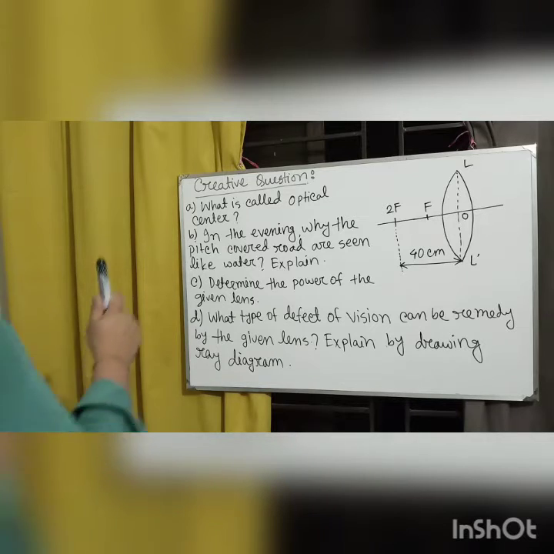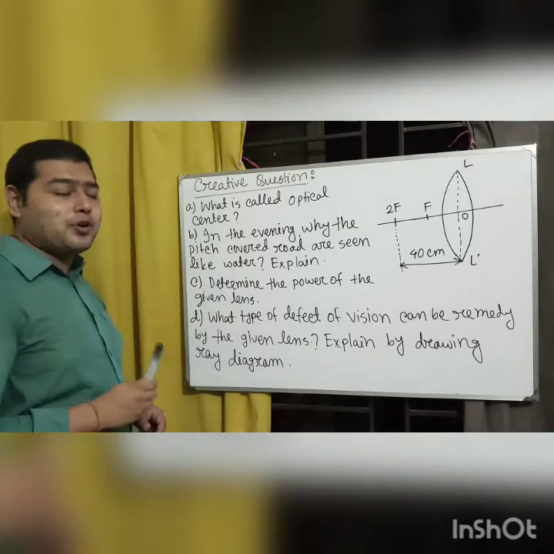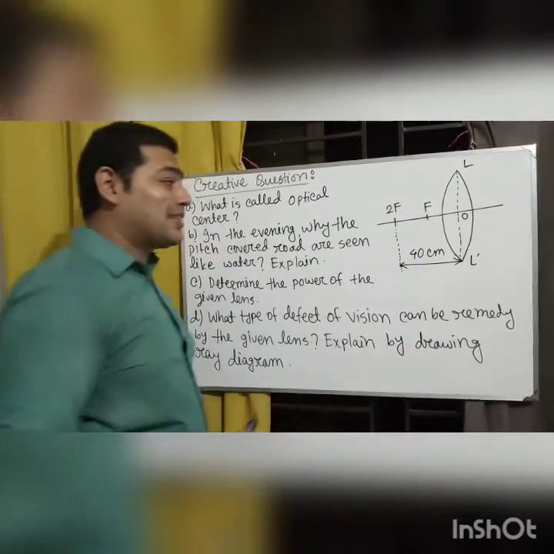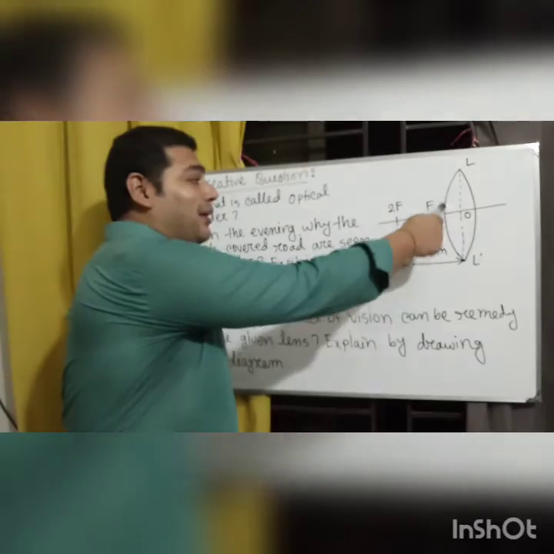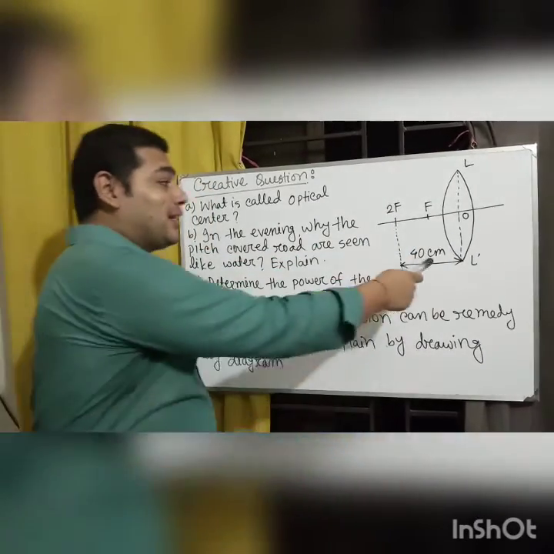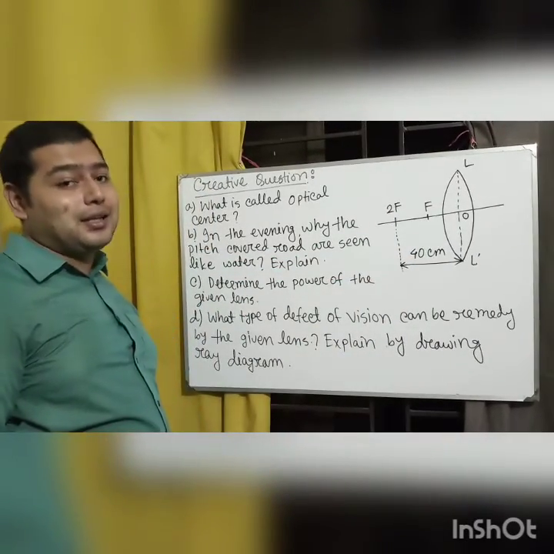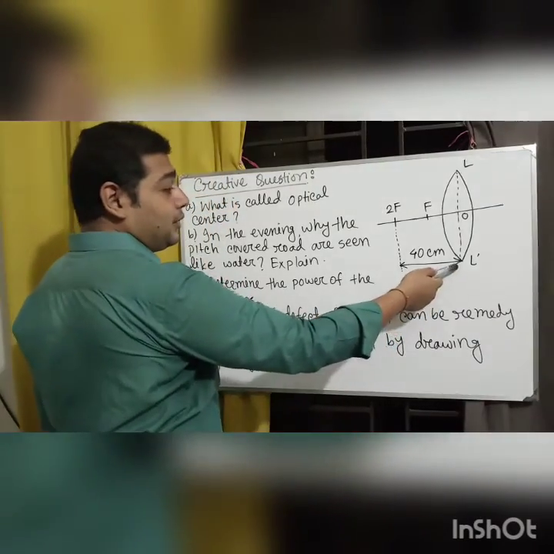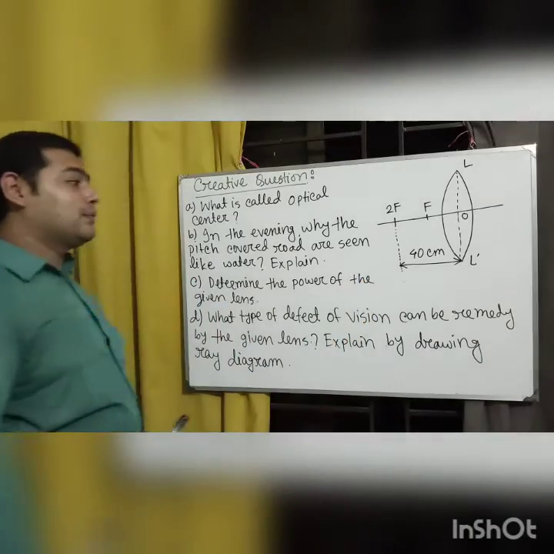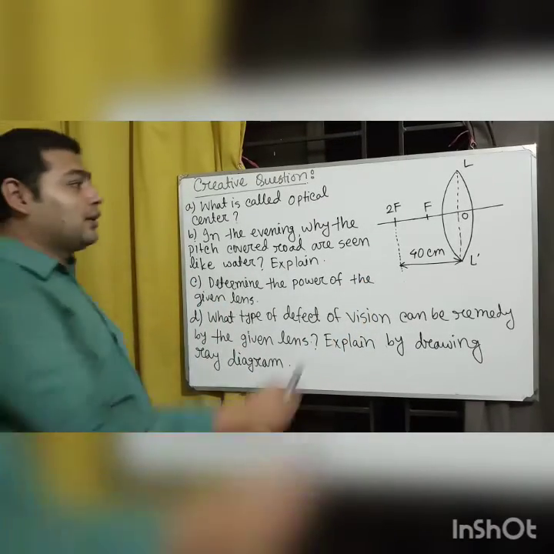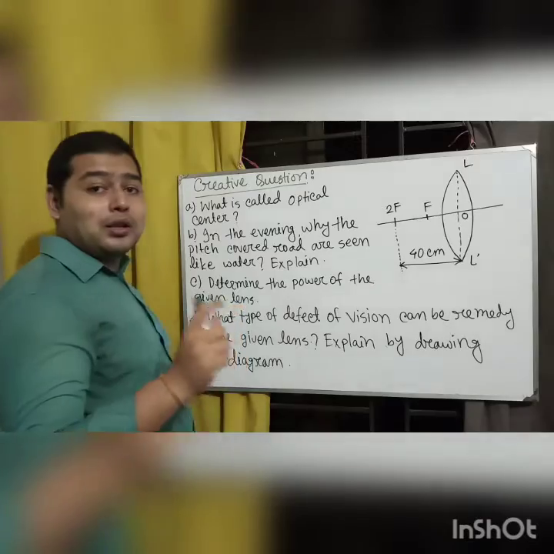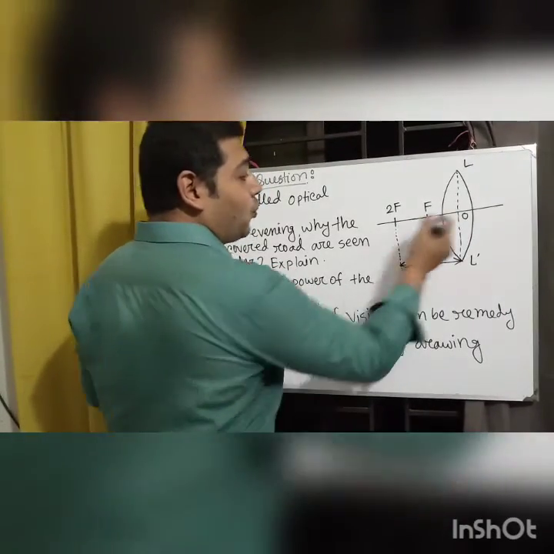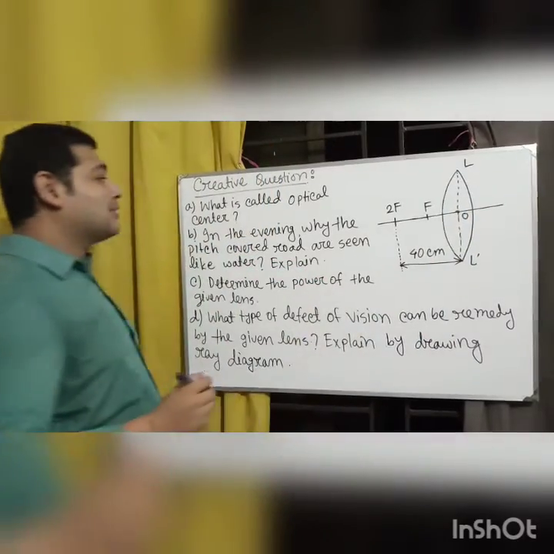So this is our today's creative question. Here you can see our stem. Here we have given a lens. This lens is called a convex lens. Here we have given the distance of 2f, and all the distances are measured from the optical center.